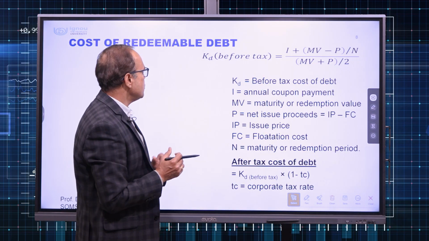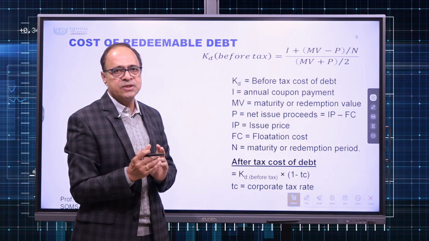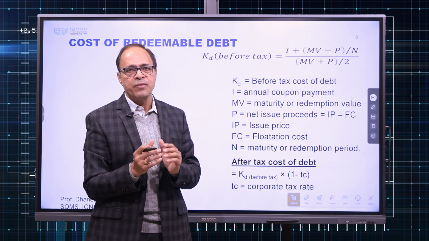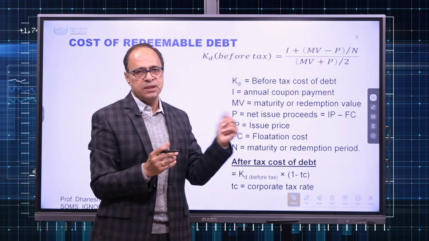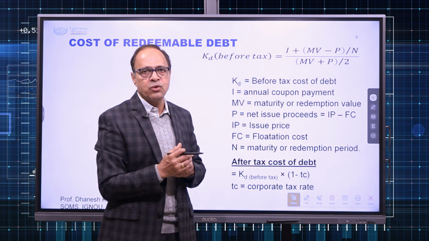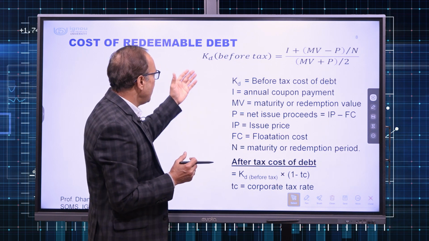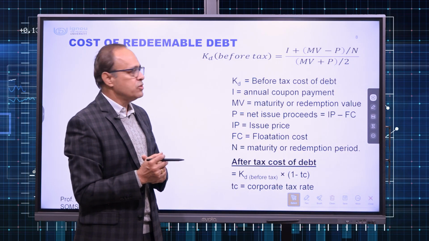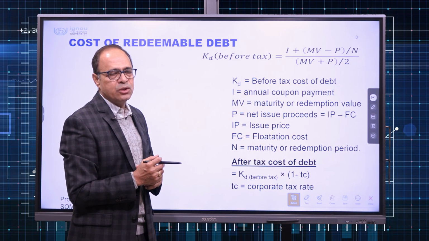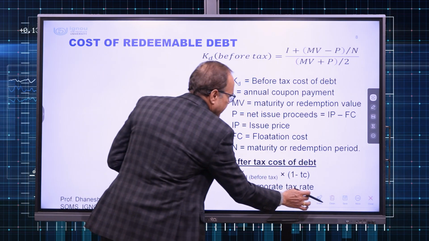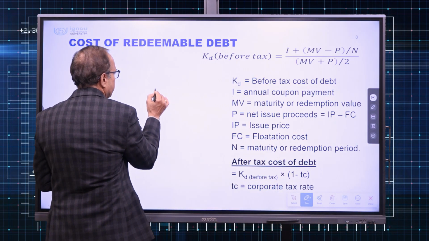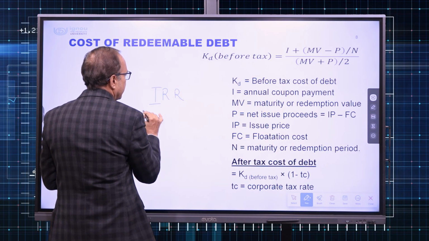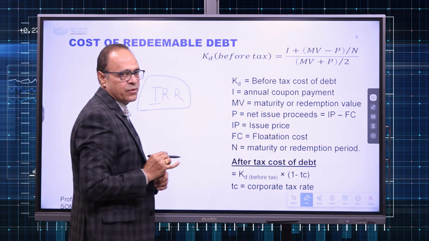Now, in case of redeemable debt, as we have seen the inflow and outflow associated with the redeemable debt in the previous session, how do we calculate the cost of debt before tax? There is one formula approach, although we can use the IRR approach also, which I explained earlier. IRR stands for internal rate of return.